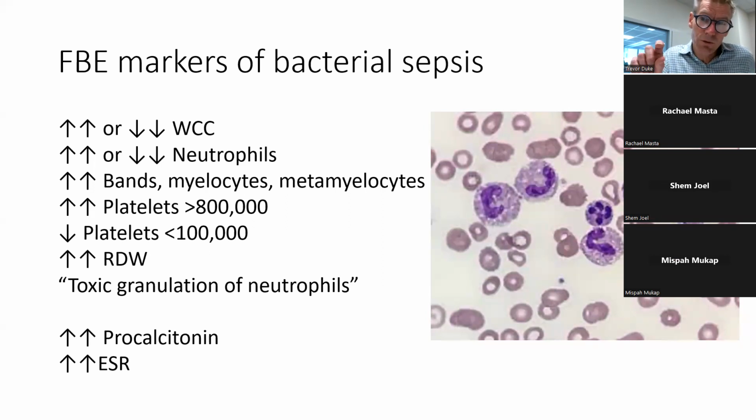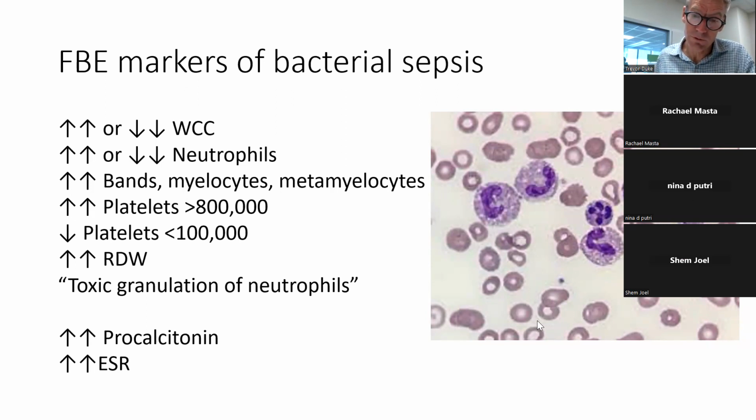And it's often high because the red cell distribution width is the width of the red blood cells, and you'd wonder why that would be abnormal in sepsis. Well, it's partly abnormal because if you've got severe sepsis, then you often have some lysis of the red blood cells, or they'll be deformed and pushed out of shape by the inflammation.